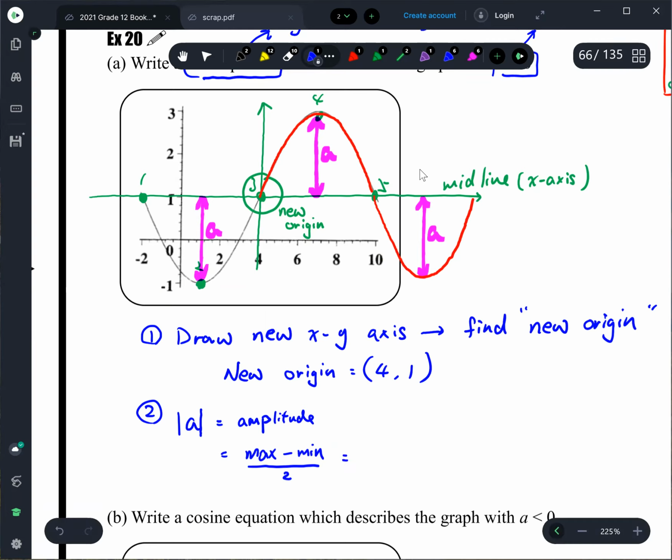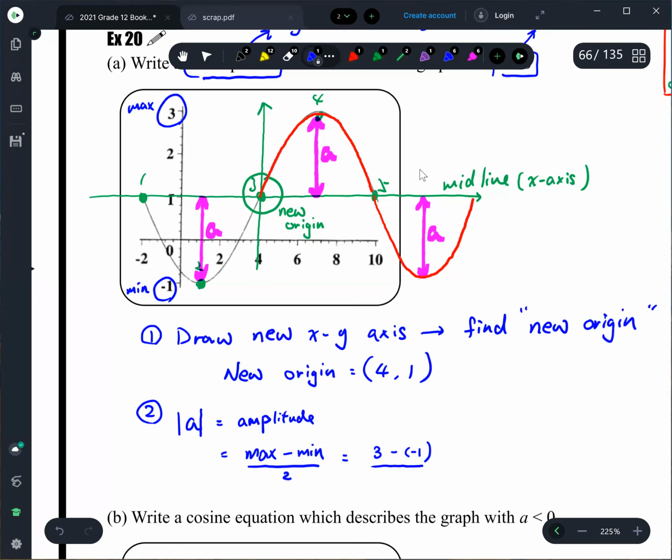So in this example, the highest that it goes up is to 3. Lowest it goes down is to -1. Highest is at 3, lowest is at -1, is the max, is the min.